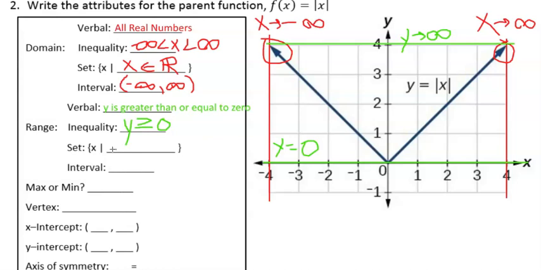For our set builder notation, we'll put braces y such that y is greater than or equal to 0. And for our interval notation, we'll put bracket 0, comma, infinity.